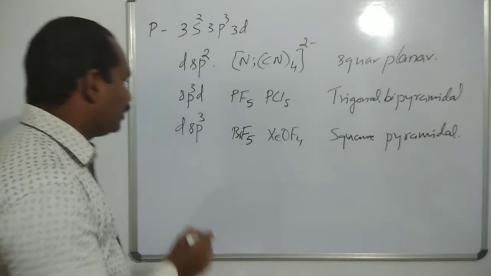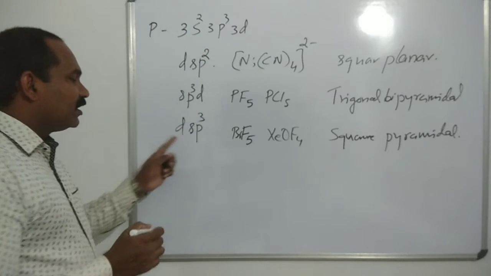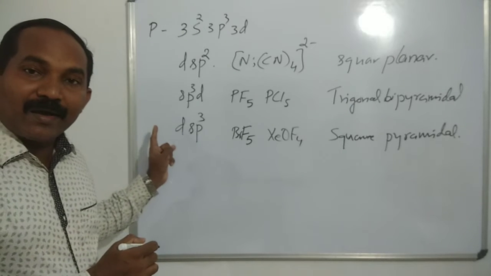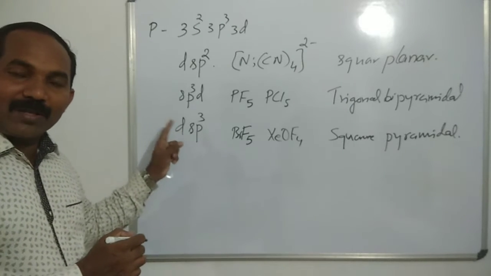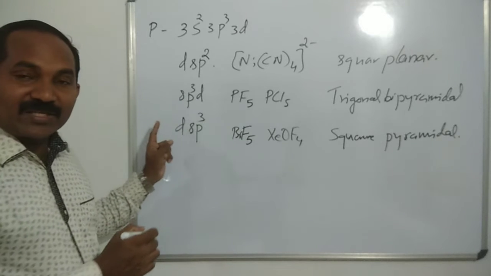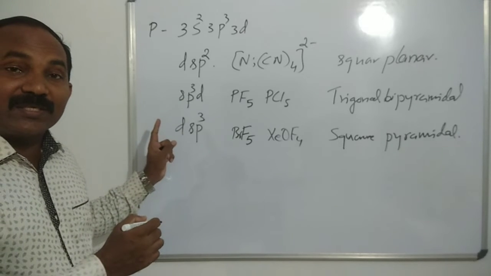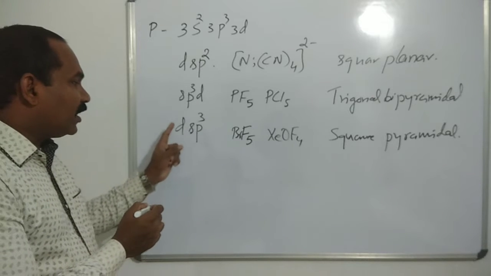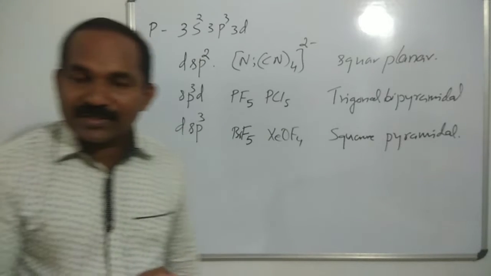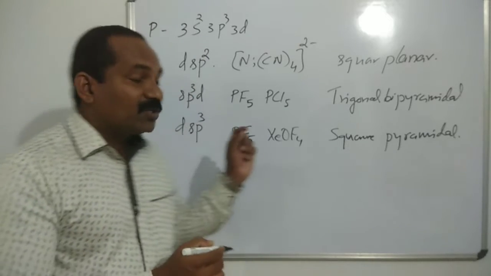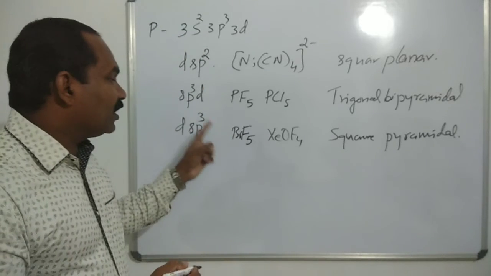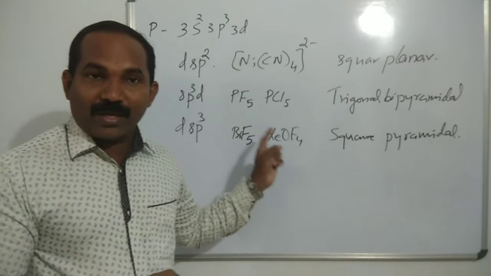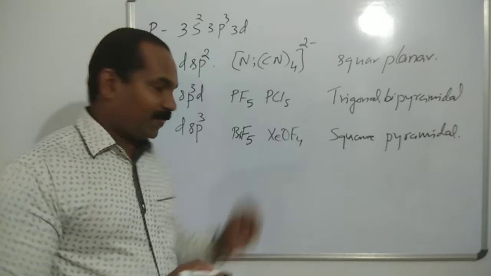In this case, if we write d first, we understand that the d orbital is taken from the inner shell. So dsp3, what is the shape of the molecule? It is square pyramidal. Examples are BrF5 and XeOF4, xenon oxyfluoride.